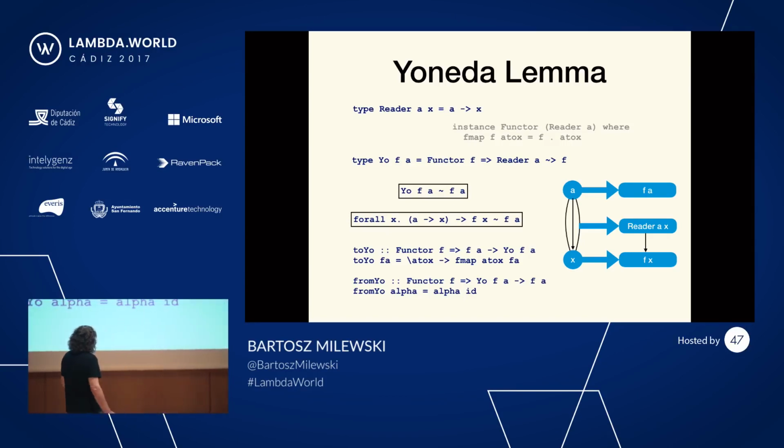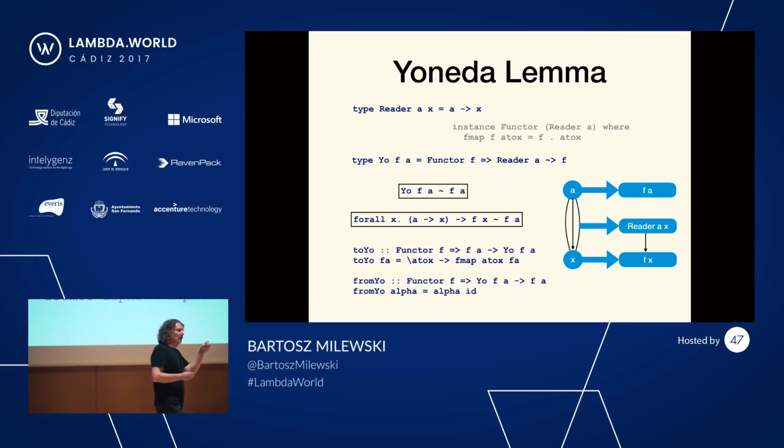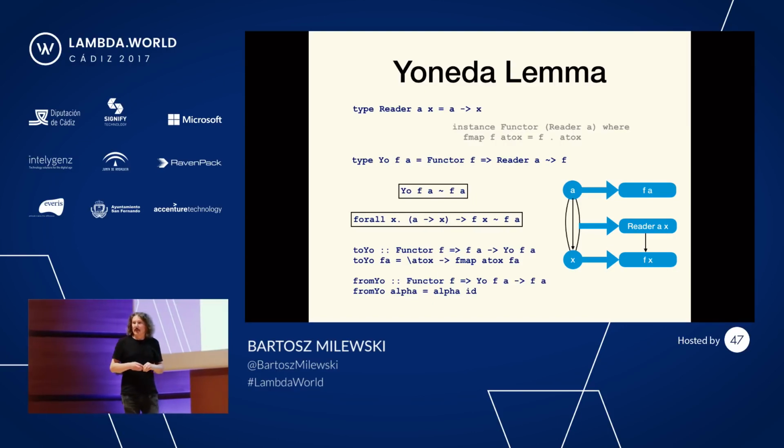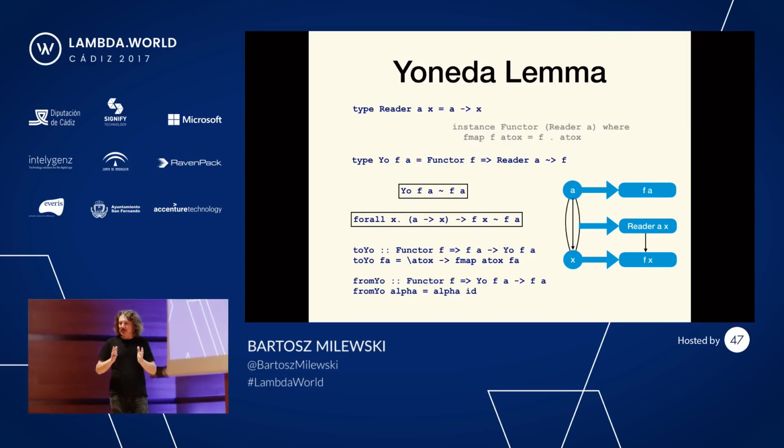Now, Yoneda lemma says that if you have any functor f, then first of all, you can get to this functor f from the reader functor. So reader functor is a very special functor because it has natural transformations to every other functor. And the set of these natural transformations between these two functors.